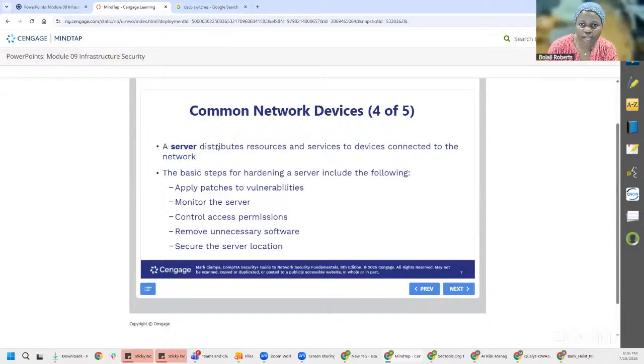Then you have your servers. These are servers because they serve certain functions. That's why they are called servers. They distribute resources and services to devices that connect to the network. For example, you have a web server. It's called a web server because it provides web service. You have a database server. It's called a database server because it's used to store data, right?